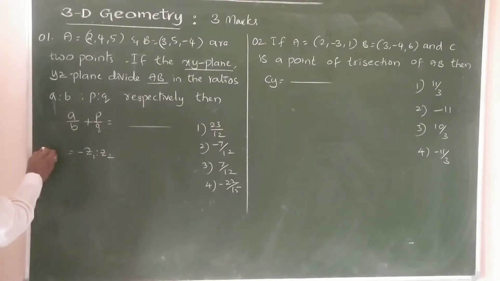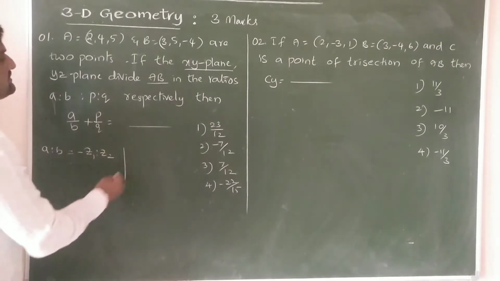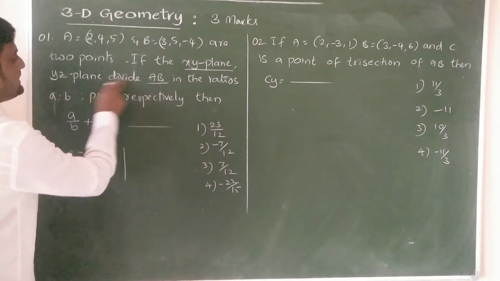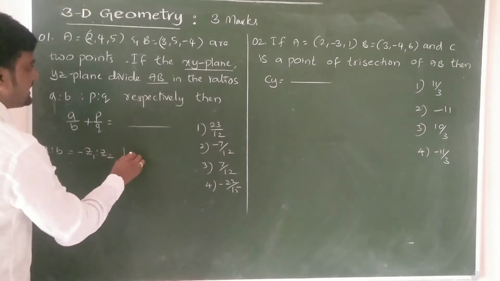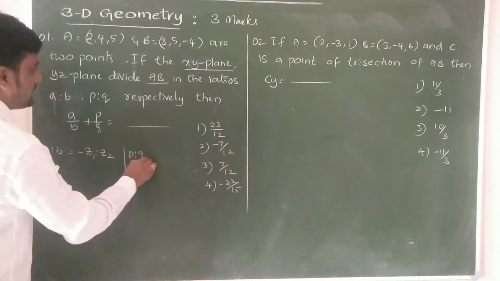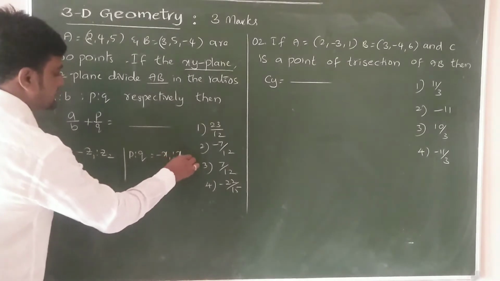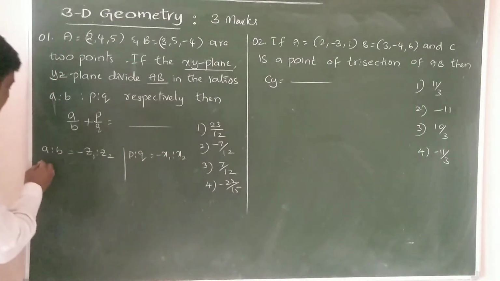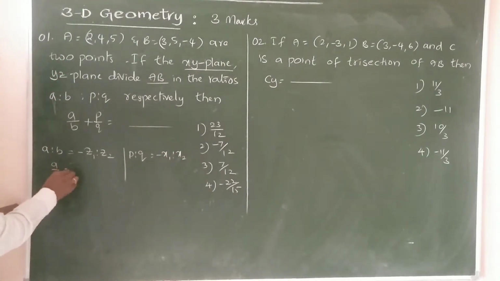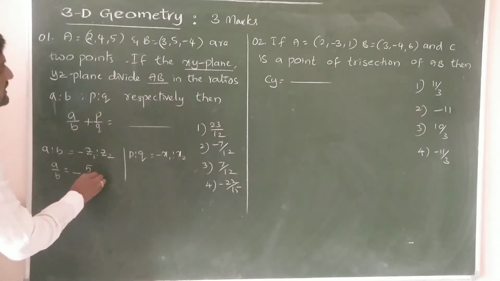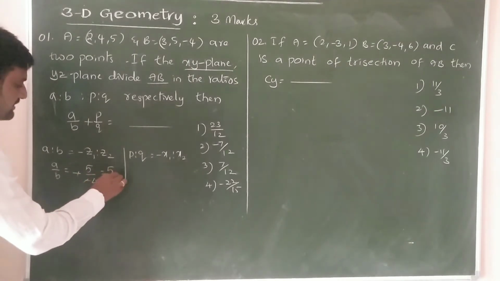Okay, now this is nothing but a is to b, yes or no? And similarly the yz plane divides AB in the ratio p is to q equals, now here yz, so minus x1 is to x2. Now a by b equals minus z1, minus 5 by minus 4, that is 5 by 4.